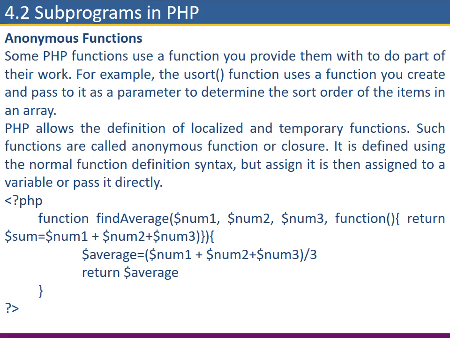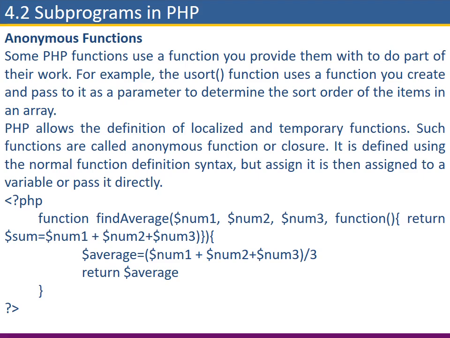Let's see an example of an anonymous function, using the same findAverage function. This code, if you run it, gives an error, maybe a syntax error, so it can't run very well. Now you can pass an anonymous function as a parameter in a valid and meaningful way. Here we have maybe four parameters, $1, $2, $3, and a function, maybe like an operation.